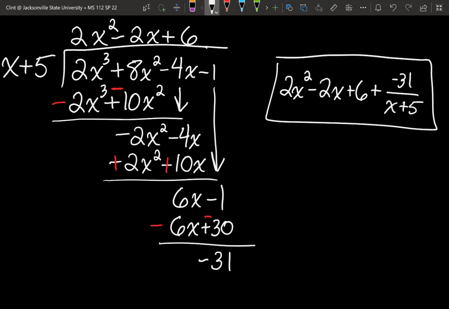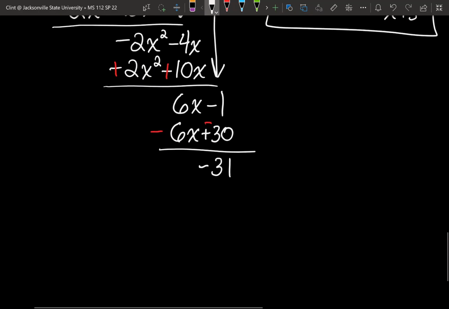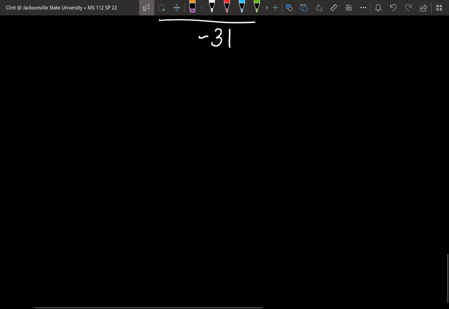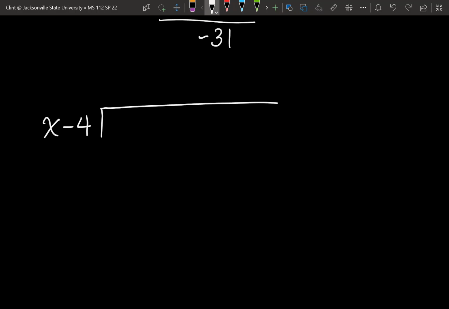All right, one other thing to mention here, and this really applies to doing long division like this or doing synthetic division. Let's look at one more. So we've got one like this.